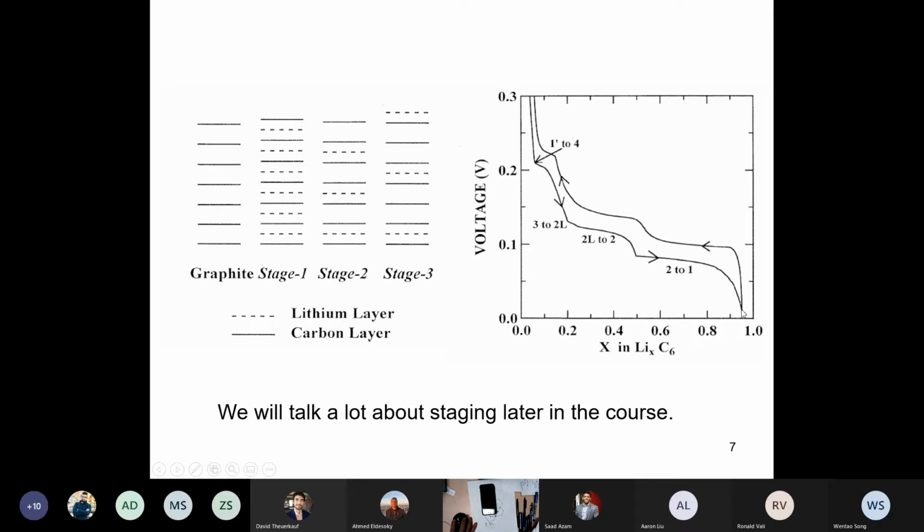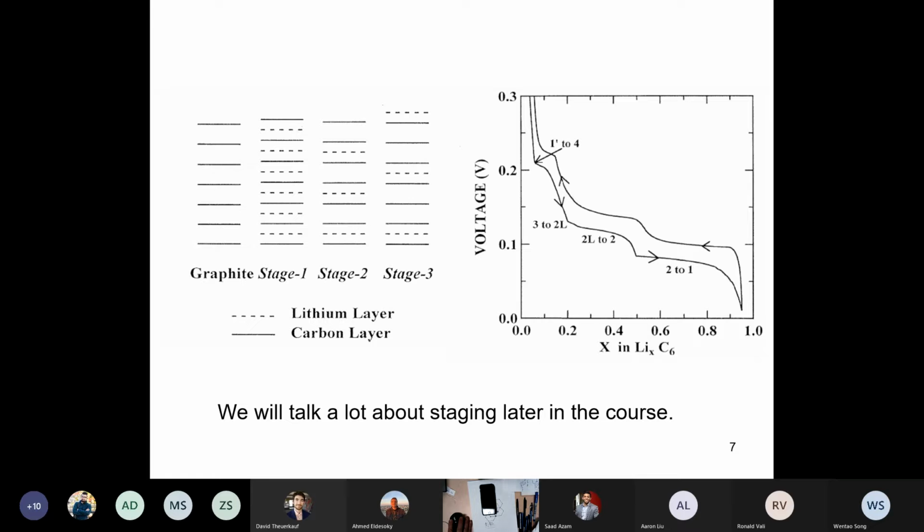You go over here to the very far right, when you have 1 lithium per 6 carbon, that's the structure I showed you in Vesta, LiC6, and that's called stage 1. Then what happens? Well, then there's this funny little plateau here where the material exists in two phases. One of them is stage 1 prime and the other is stage 4.